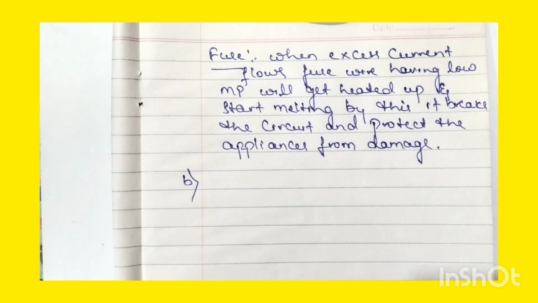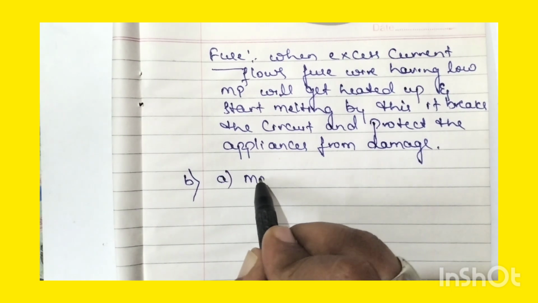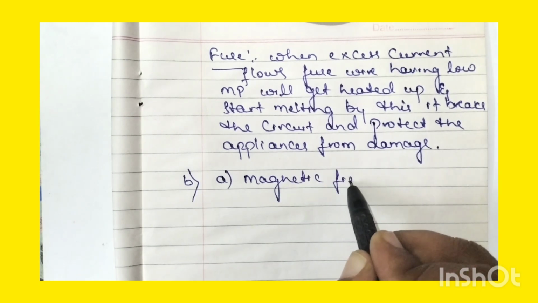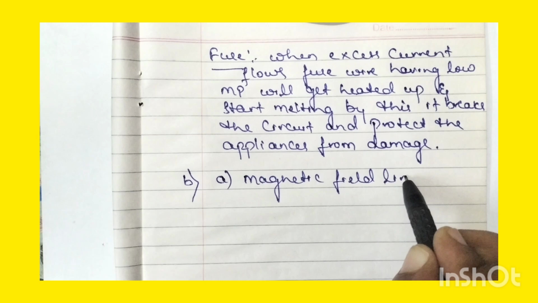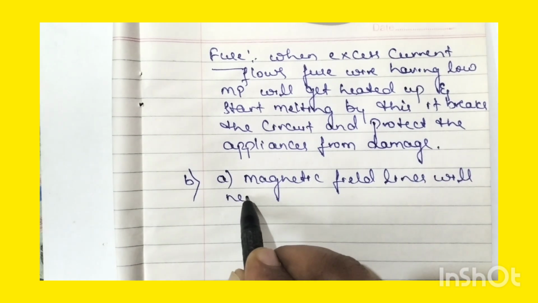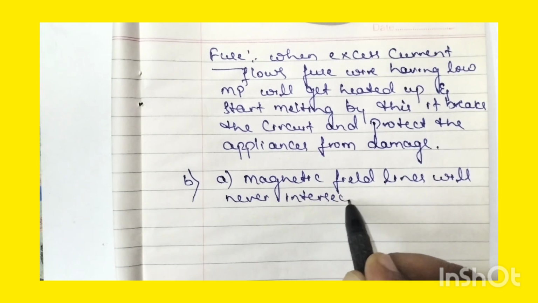Then mention two properties of magnetic field lines. The first property is that magnetic field lines will never intersect each other.